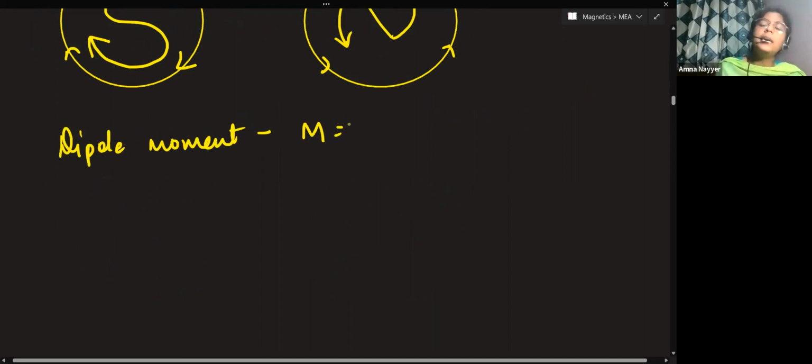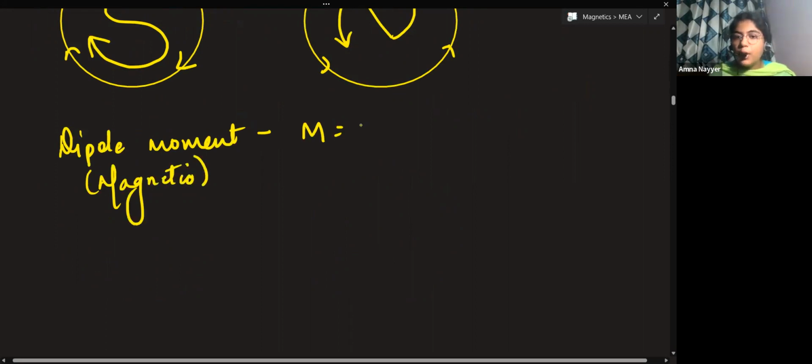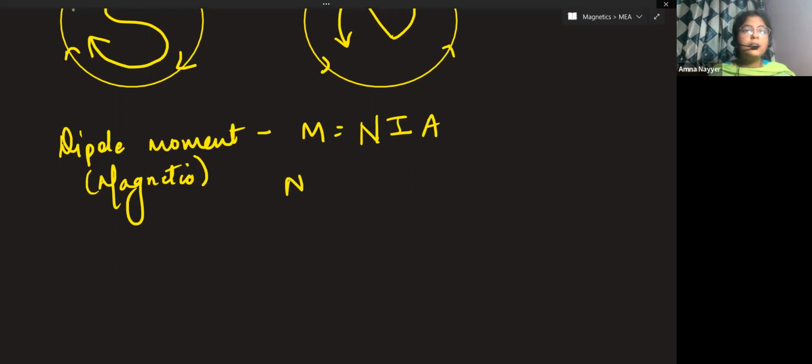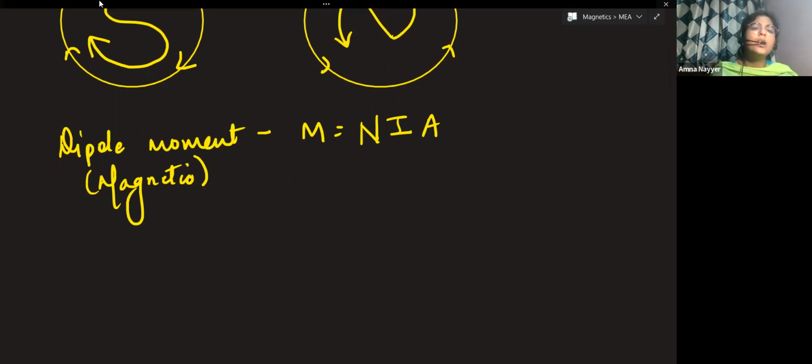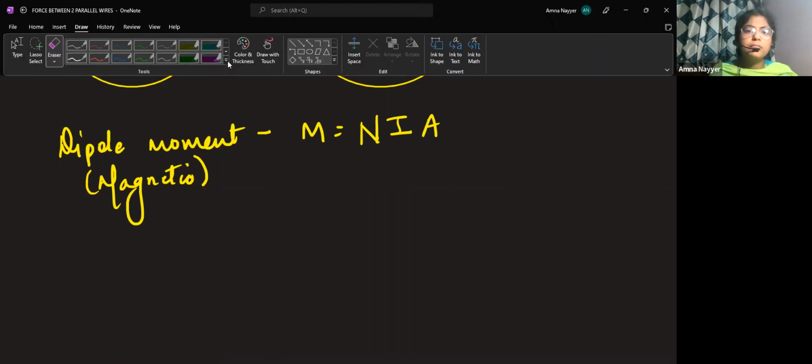So this is basically the magnetic dipole moment. It is the number of turns of the coil multiplied by the current multiplied by the area of the coil. N is the number of turns, because many times not a single loop is given.